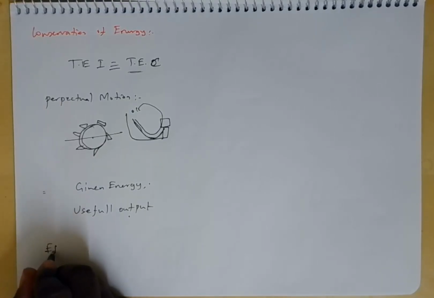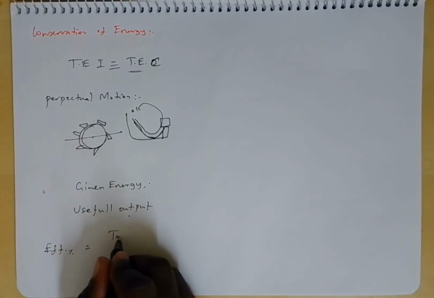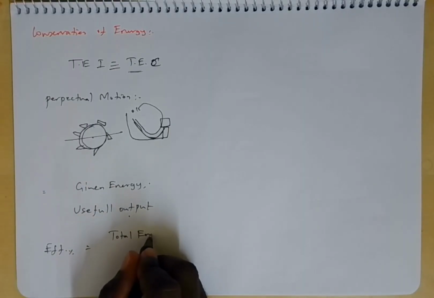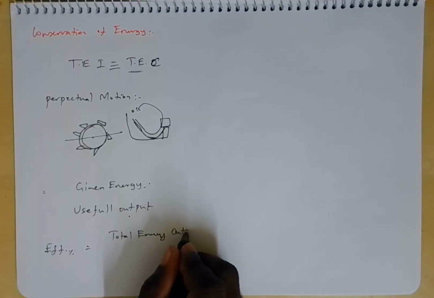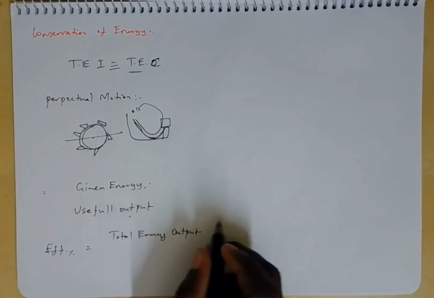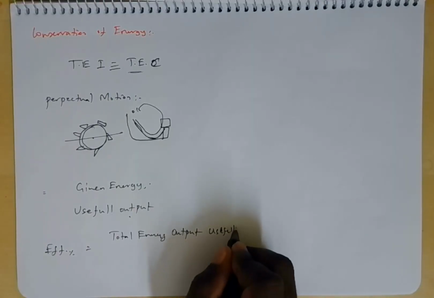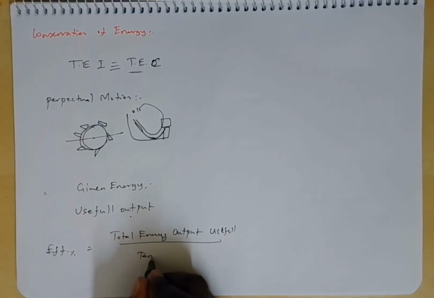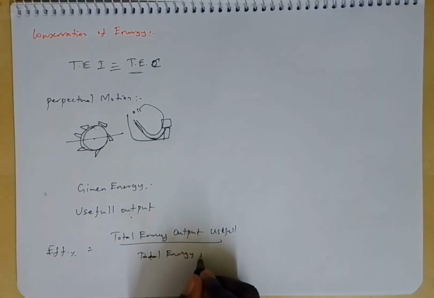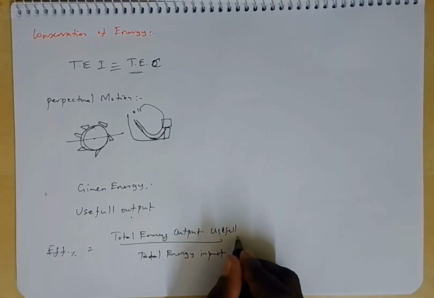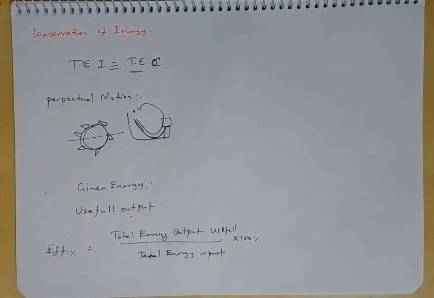So the efficiency of the system is total energy output of useful, okay, so this is useful, divided by total energy input, times 100%.